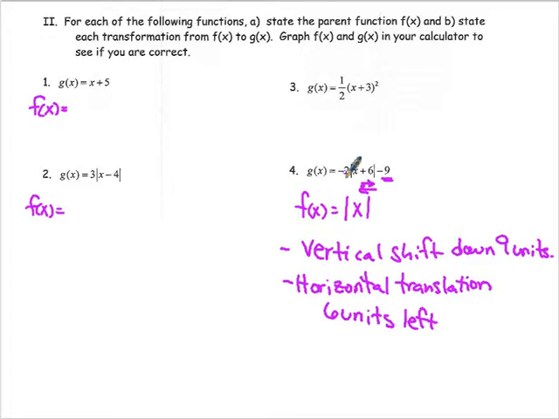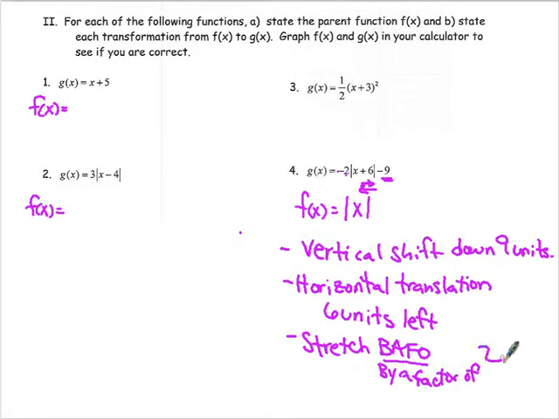All right, then we have 2 more out here. Some of you might see that as 1, but it's really 2. So there's a stretch by a factor of 2. By a factor of, that's what BAFO is. Stretched by a factor of 2.